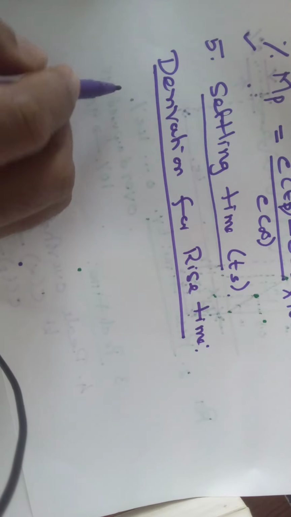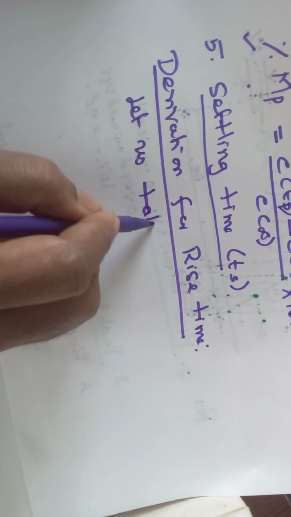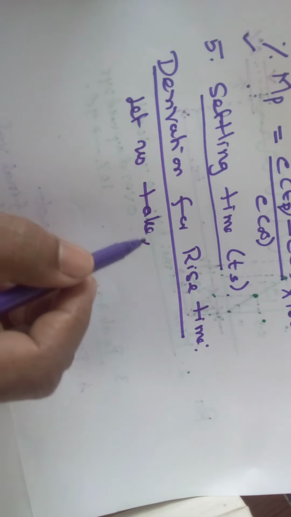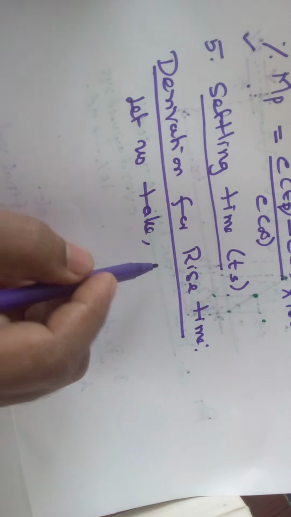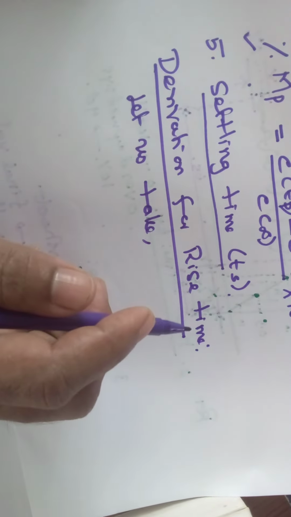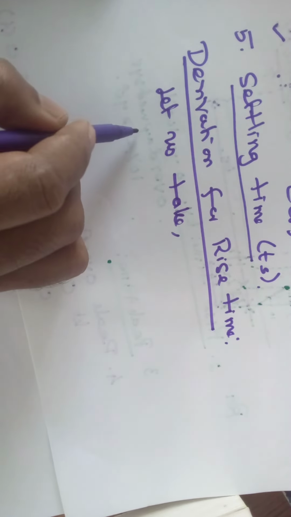So let us consider the response of a second order system, in the case of underdamped. We have already derived this response in the last class.